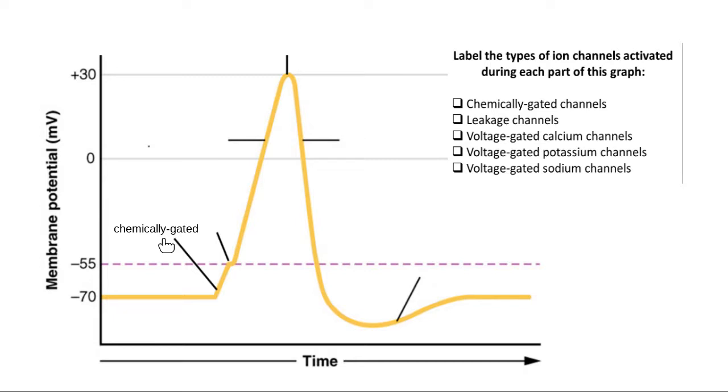So chemically gated sodium, chemically gated potassium and chloride. The process of summation, where I add together all of the messages that I'm receiving, all of that has to do with chemicals. Once I hit threshold, chemicals don't matter anymore. When you hit threshold, voltage takes over.